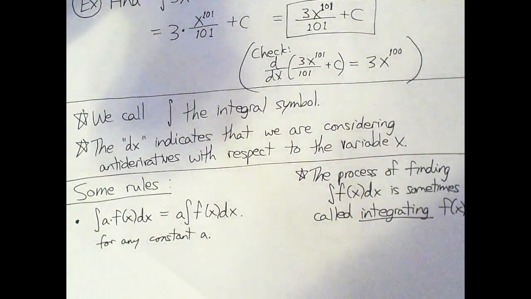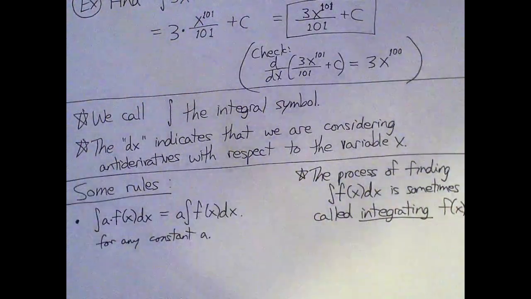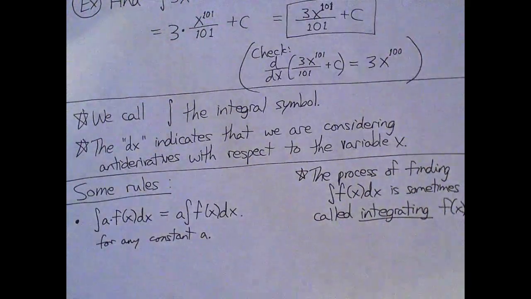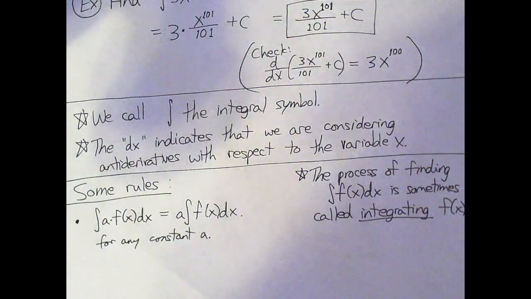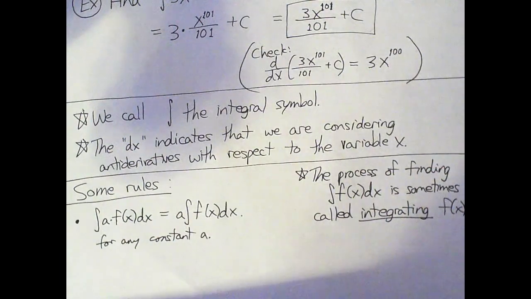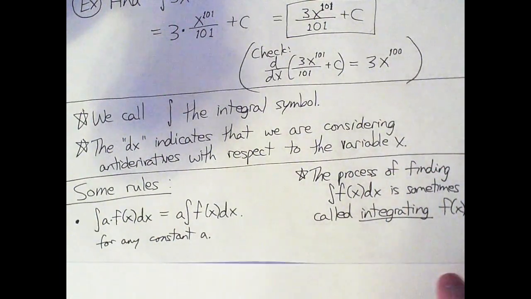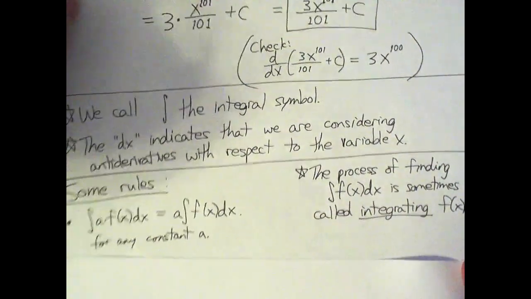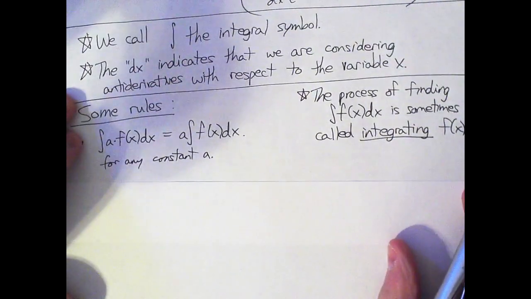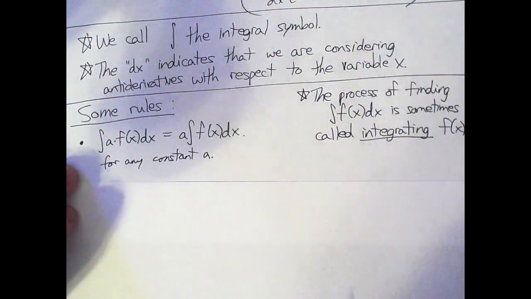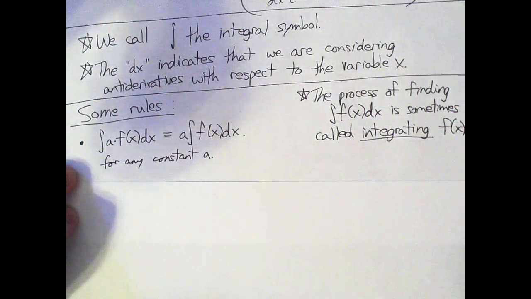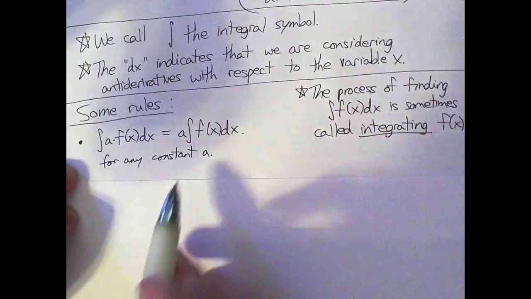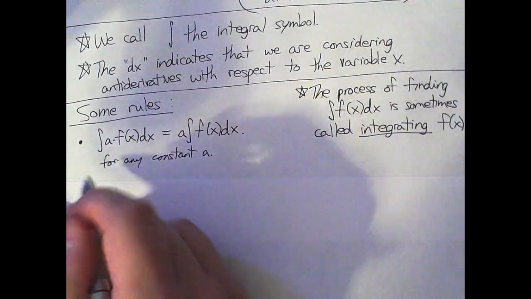This is a more concise way of doing it because we have this new notation with this new symbol. So that's like in the problems that we've solved: if there was an 8 out front, the 8 was still there after we integrated. Or that 3x to the 100, the 3 was still there after we integrated. It's like we pulled the 3 out.